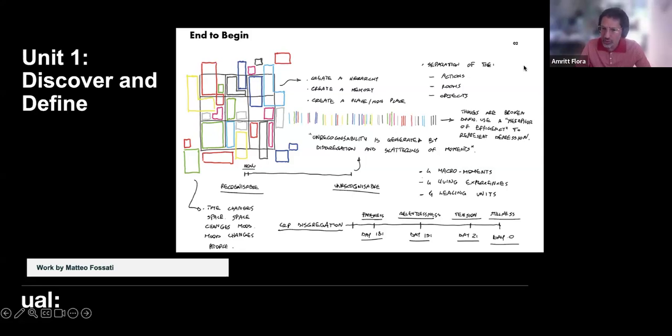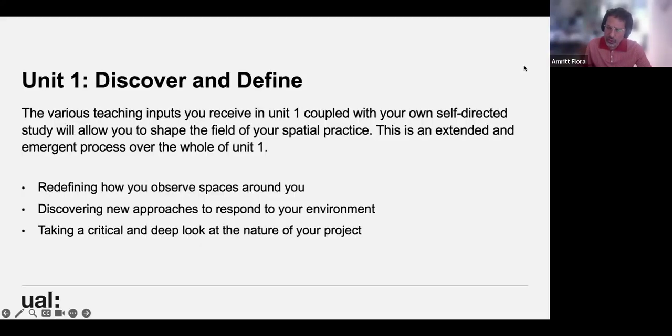So students will start in Unit 1 to discover and define topics that interest them and see how over a 3-month period they can investigate, observe, read, test ideas that start to define a brief or a project that they're actually interested in, and how that will lead into the following courses.